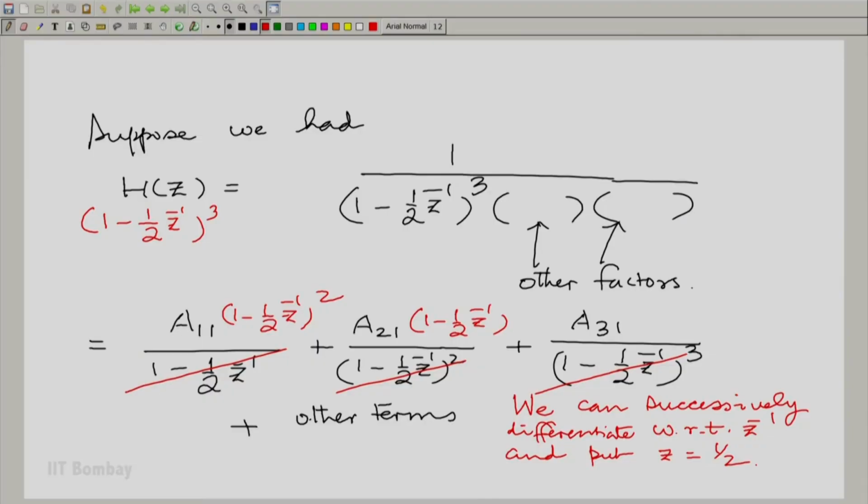When you successively differentiate, you would get the terms one by one. So, for example, without any differentiation you get A31. With the first differentiation you would get A21, and with the second differentiation you would get A11. So, that is how we could proceed. Anyway, this was meant to illustrate how we could make a partial fraction decomposition. I am just reviewing these ideas because you need to use them again and again.